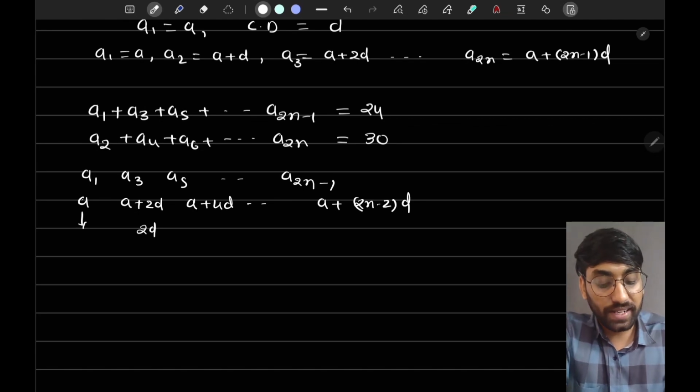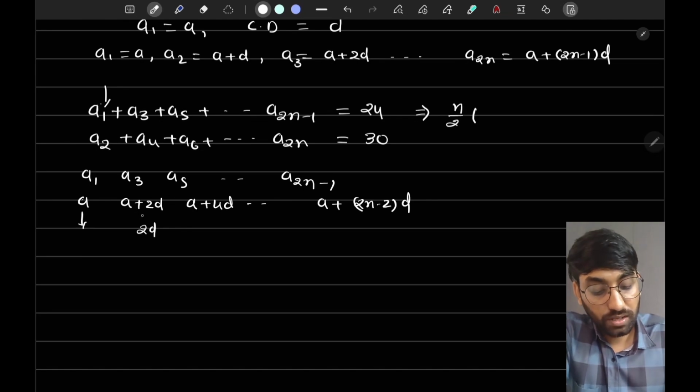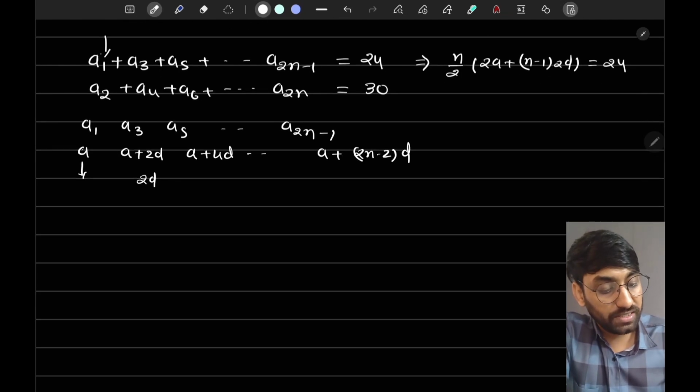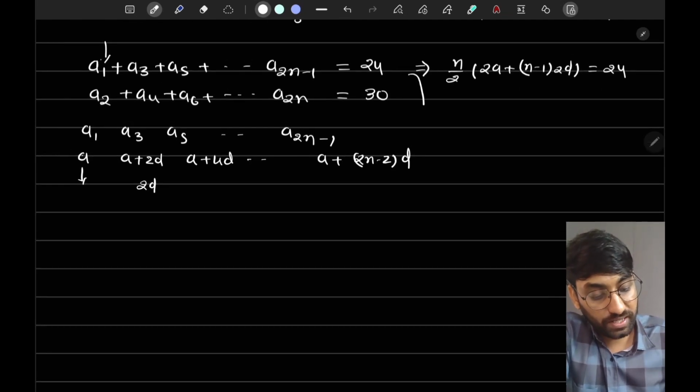So I can directly find the sum of n odd terms, right? So this will become simply n by 2 times [2a plus (n minus 1) into 2d]. So (n minus 1) into the common difference here is nothing but 2d, and this value they have given as 24.